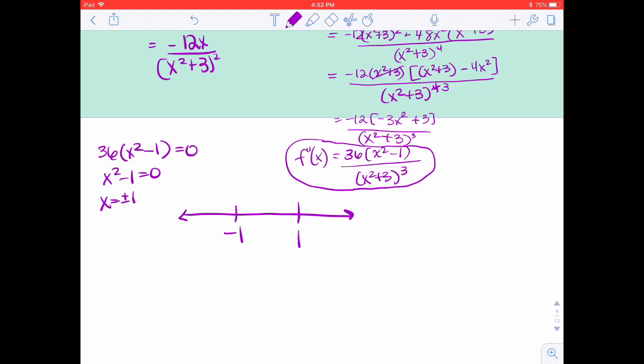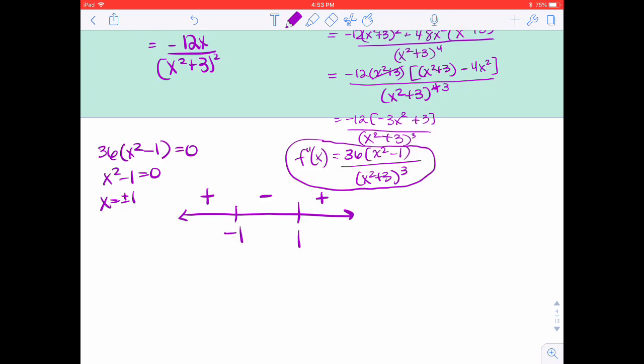If I plug in -2 into my second derivative, I get a positive value. Now something between 1 and -1, 0, plug that in, I get a negative value. Something greater than 1, so if I plug in 2, I get another positive value. So where these are positive and negative tells me whether it's concave up or concave down.